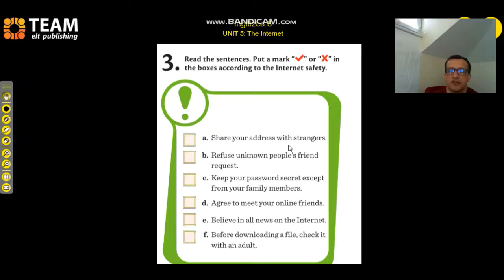If it is correct, then we are going to put a tick. Okay. Share your address with strangers. Stranger means someone unknown. Unknown means bilinmeyen. Stranger, yabancı. Yes, they are synonym words. They are similar words. Share your address with strangers. Is it correct? No, this is impossible.